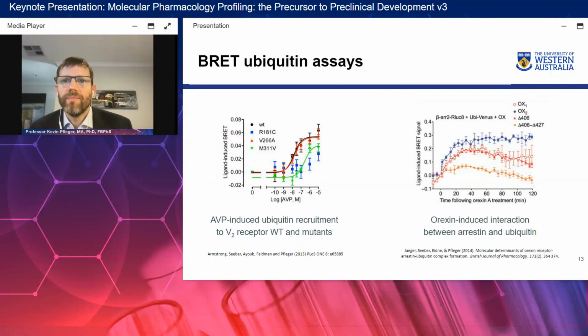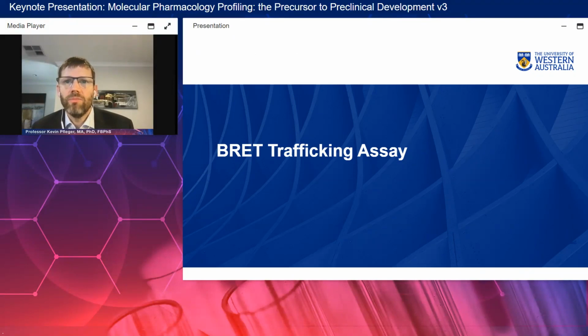These are orexin receptors, and if you tag the arrestin molecule with Nluc and the ubiquitin molecule with Venus acceptor, you can see a change in the proximity of those two when you activate the orexin receptors. That is distinct if you have point mutations of those receptors.